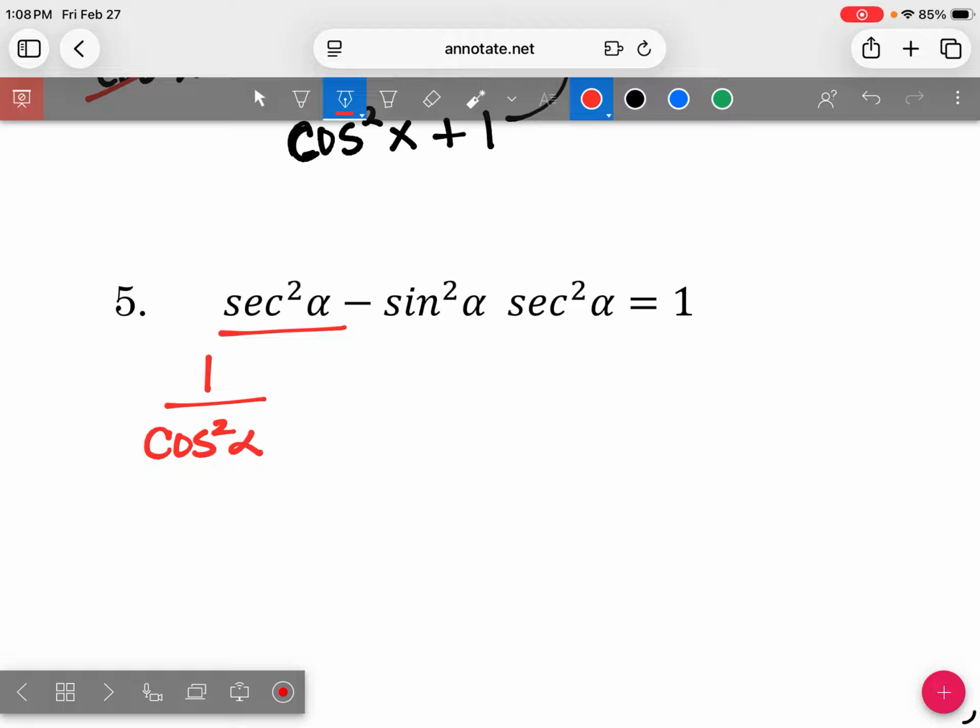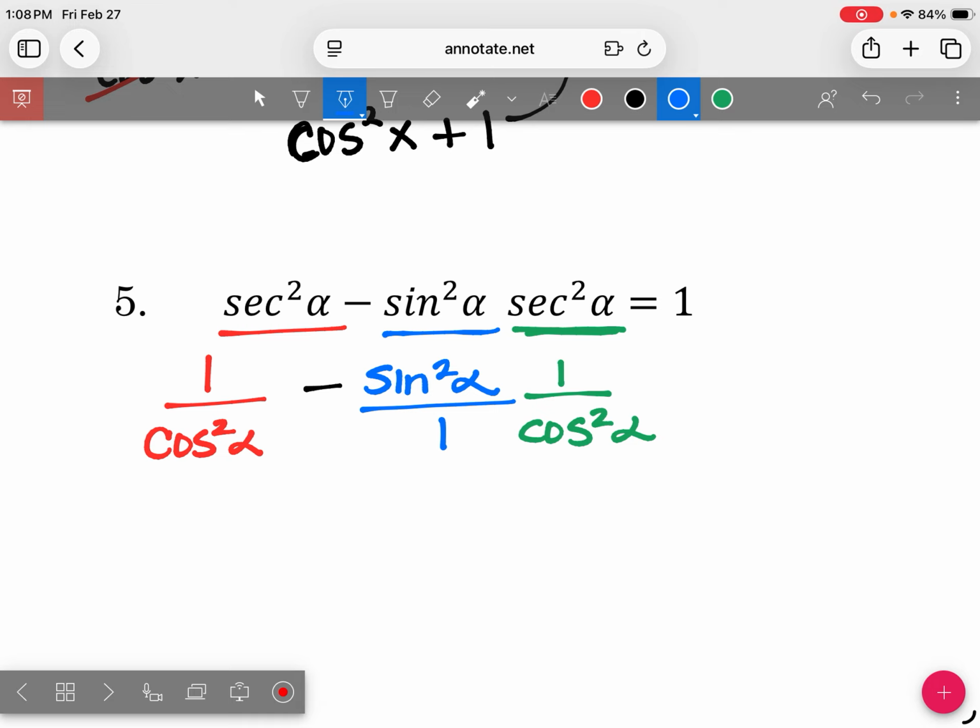Bring down the subtraction sign. And then I have a sine squared, so I'm going to bring that down. That's just a sine squared alpha. It's already written in terms of sine and cosine, so I can't do anything with that. And this is being multiplied by a secant, which is what? 1 over cosine.